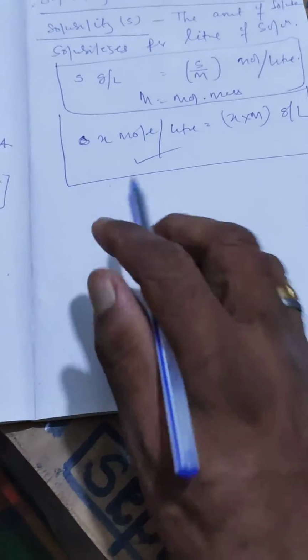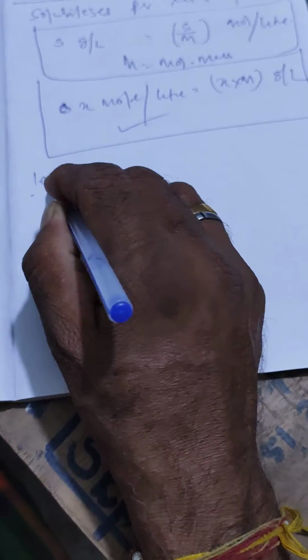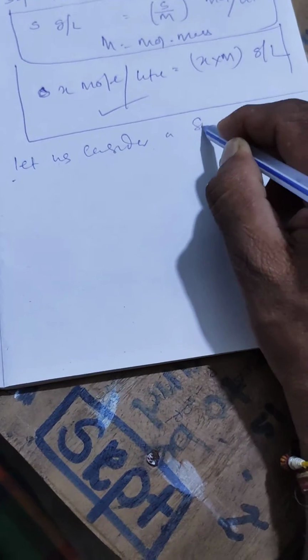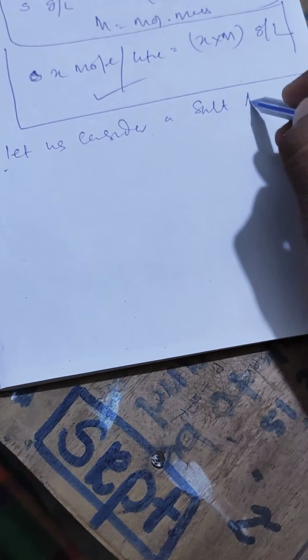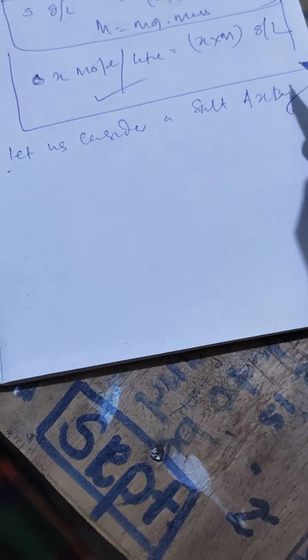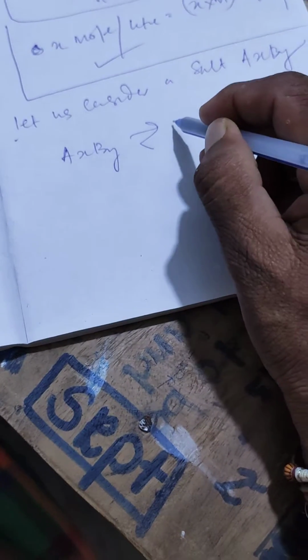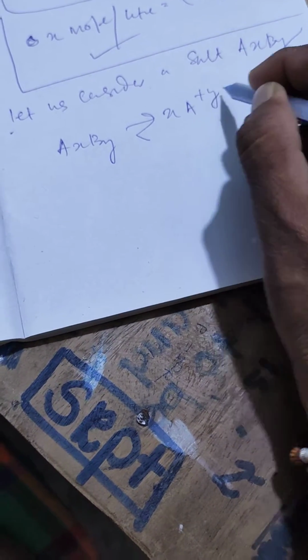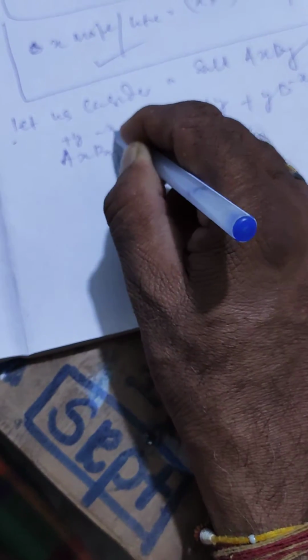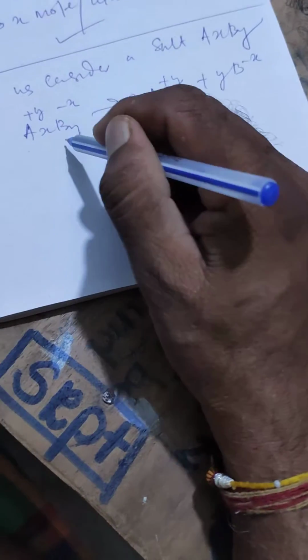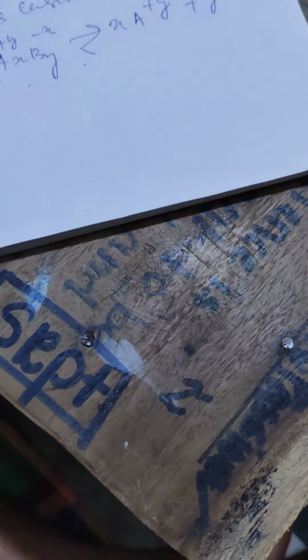So to understand the relationship between solubility and solubility product constant, let us consider a sparingly soluble salt, that is AxBy. If we consider the AxBy, how does it dissociate? It will maintain dynamic equilibrium, giving x moles of A to the plus y and y moles of B to the minus x.